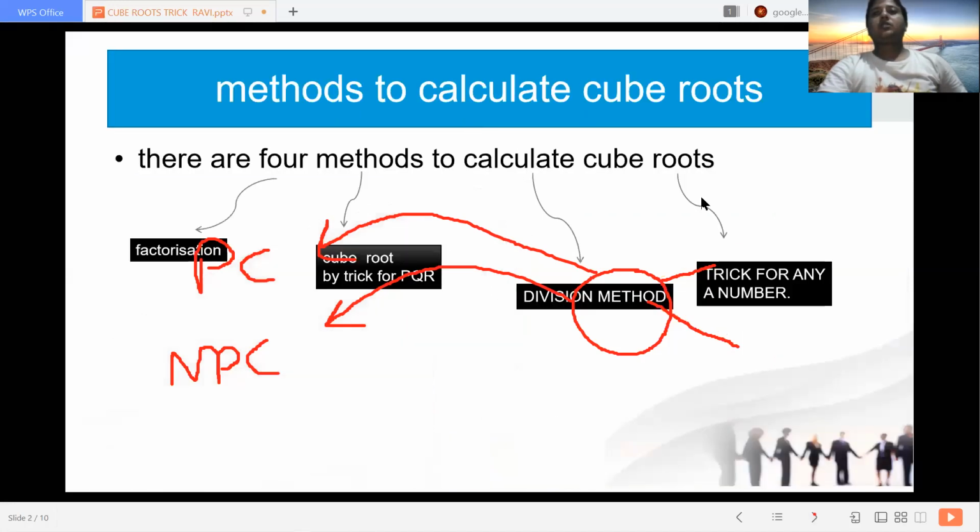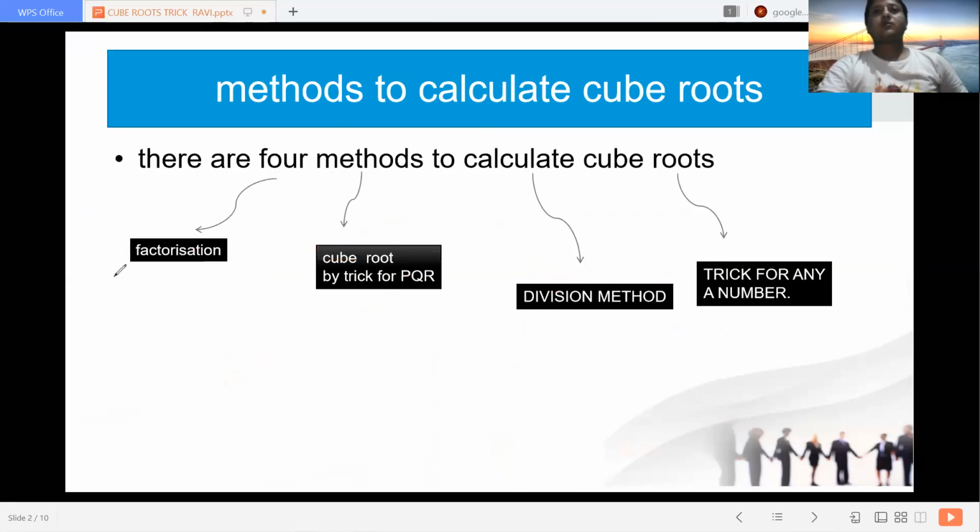There are mainly four methods to calculate cube roots. First method is the factorization method. Factorization means suppose we have to factorize 12.